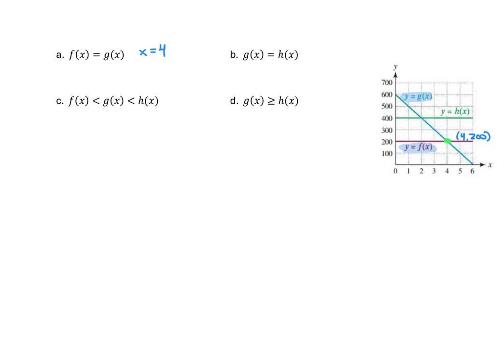Okay, the next thing we want to know is where g of x is equal to h of x. Our g of x is the blue line again. Our h of x is the green line. We don't care about the red line in this problem. We want to know where these 2 lines intersect, and they intersect when x is 2.